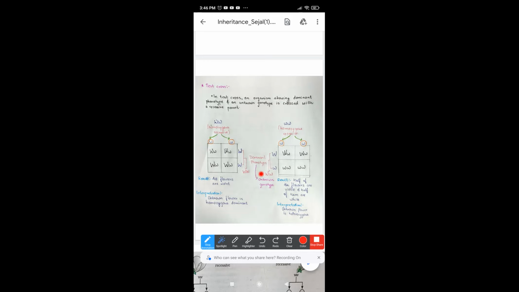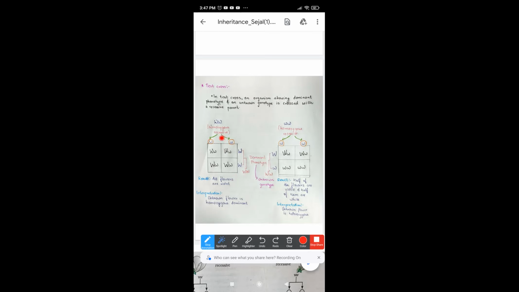We know that it is violet, but whether it contains capital W and small w, or capital W and capital W, we don't know. So we are going to identify that. Here the homozygous recessive, small w small w, is crossed with capital W capital W, and here it is crossed with capital W and small w.